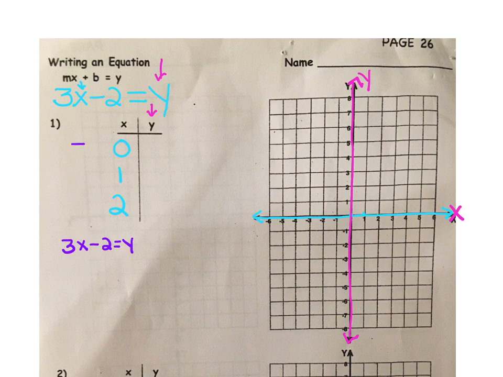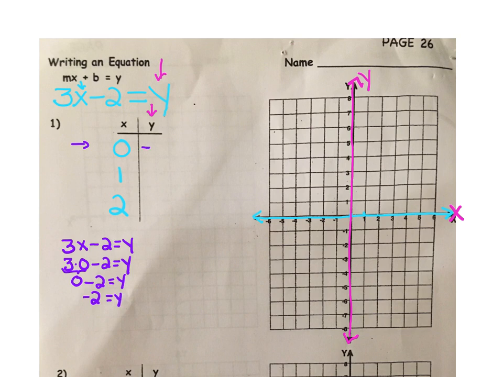Let's start with our first x value. 3 times 0, take away 2. Please write down this work on your paper as well. Well, we know we have to multiply first, so 3 times 0 is 0, and we're going to take 2 away from that. 0 take away 2 gives us a negative 2 value.